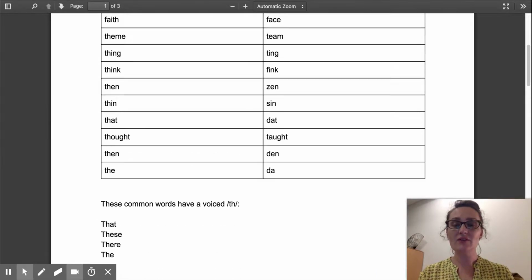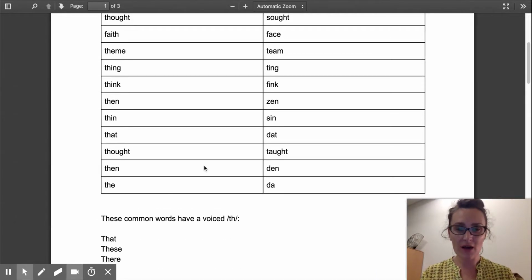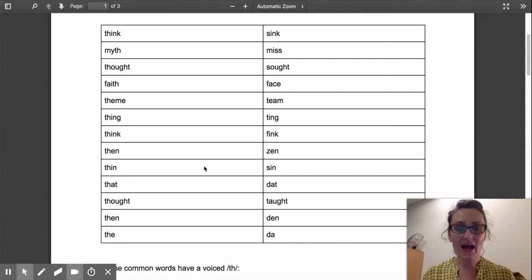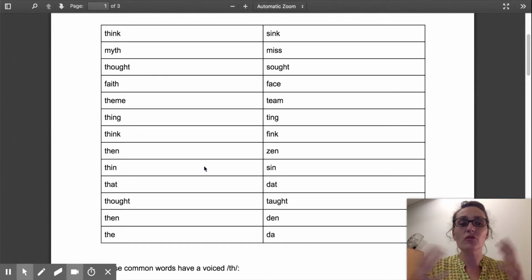So as you can see above, if a language does not have the TH sound, the speaker will use a sound from their own language that is close enough.